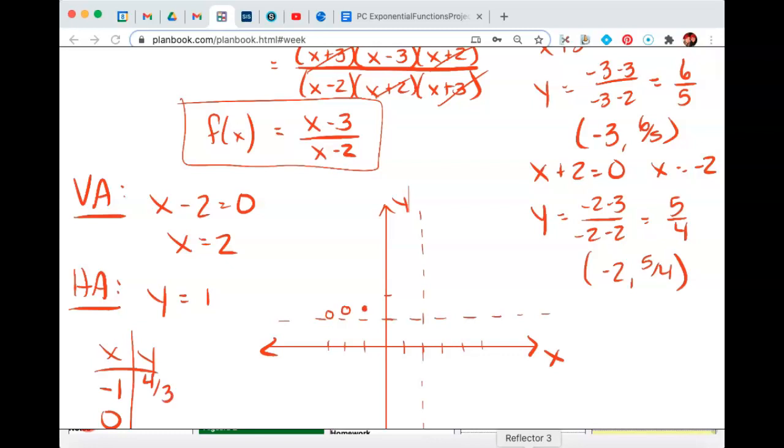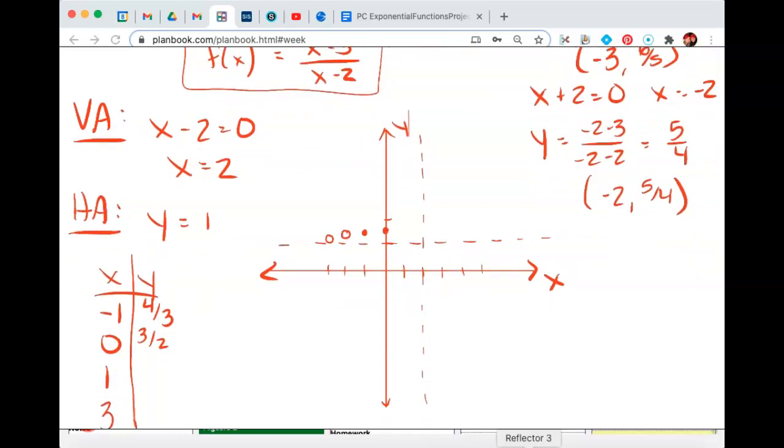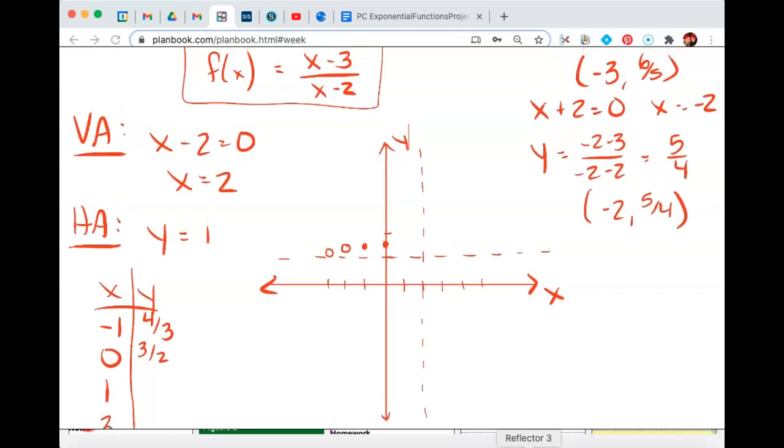So we're slowly rising over here. 0 is 3/2. 1 is 2. Yeah. Slowly but surely, we are rising to the vertical asymptote.